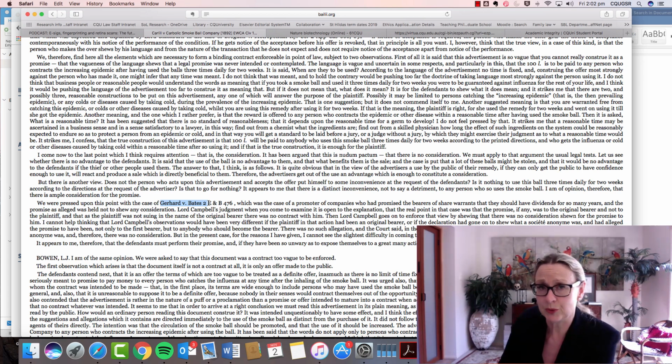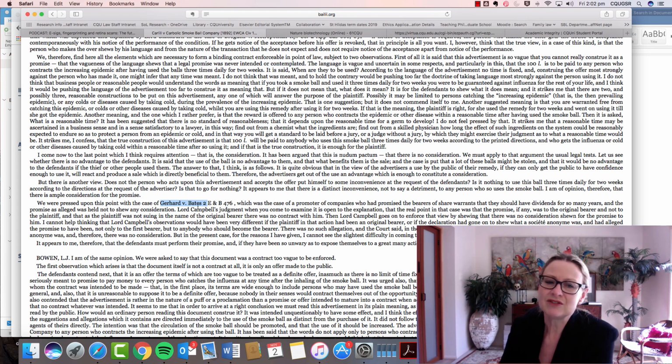And there are a number of different ways that Graw tells you that you can distinguish a case. And here they distinguish Gerhard and Bates, which seems to have also been a case of not reward, but an offer. They distinguish it on the basis of what we call privity, and we'll be discussing privity at the very back end of Contract A.